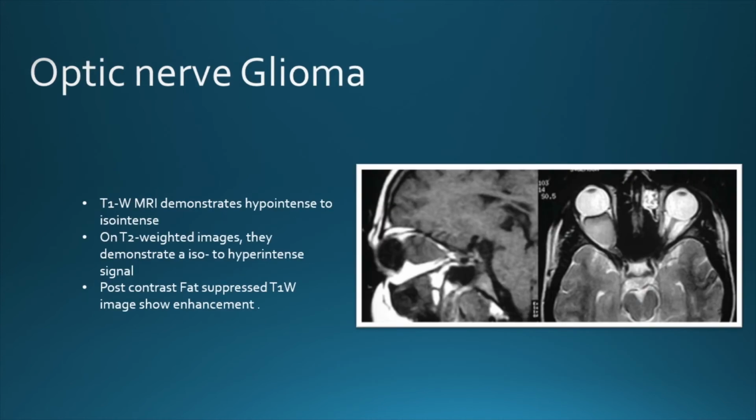In optic nerve glioma, there will be iso-intensity in T1 weighted imaging and well circumscribed diffuse enlargement of the optic nerve with iso to hyperintensity in T2 weighted images. There will be homogeneous enlargement of the optic nerve in optic nerve gliomas.